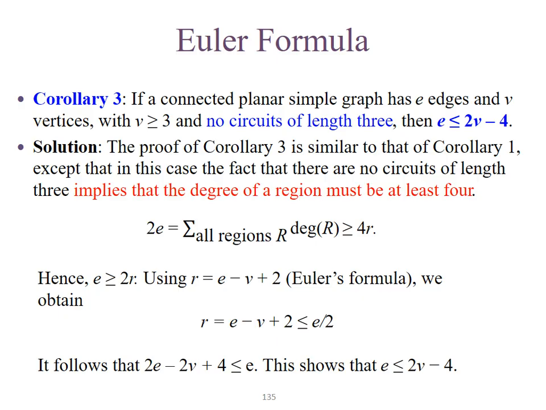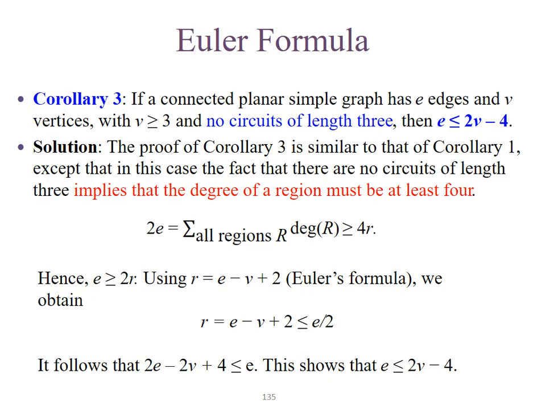So that means the summation of the degrees of the regions is larger than or equal to 4 times r, because for the other circuits, the length is at least 4. So we have the summation of the degrees of the regions, which equals 2E, larger than or equal to 4r.